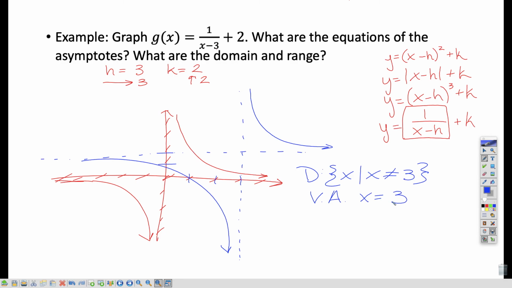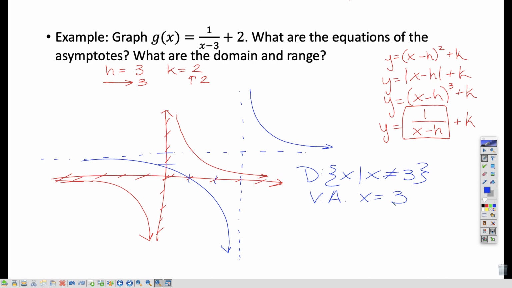It's like the square and a rectangle. Squares are always rectangles, rectangles are not always squares. So when I'm looking for vertical asymptotes, if I write something that wasn't in my domain, I'm wrong. But sometimes my domain has extra stuff that my vertical asymptotes don't have. And I'll show you how to get that.